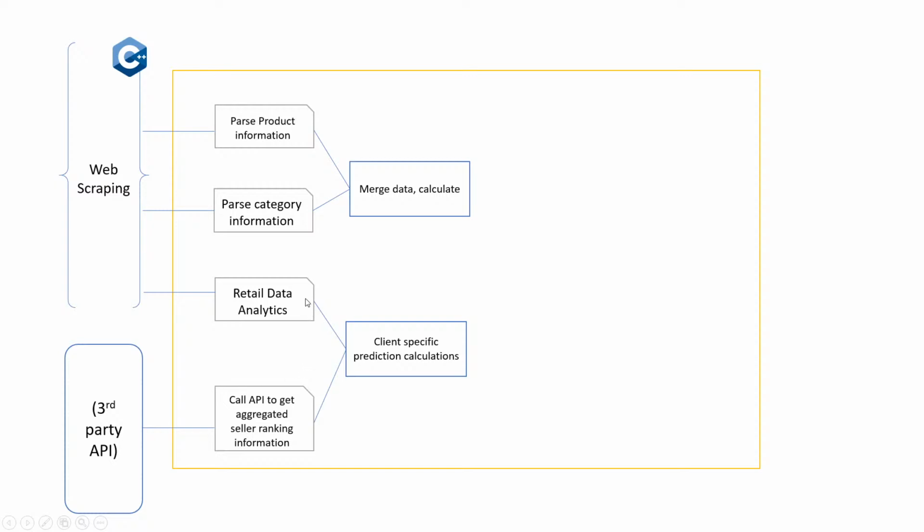But not only that, we also had some information from the retail data analytics and the third party API. That data was again used to do some client specific predictions and client specific calculations.